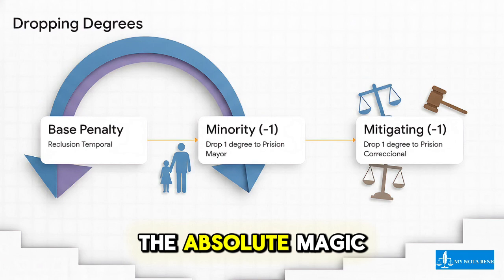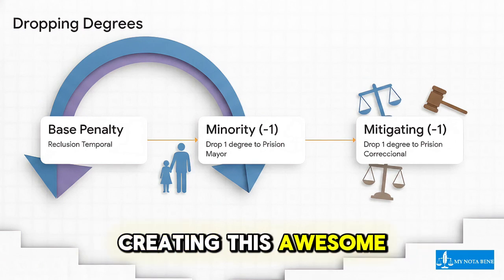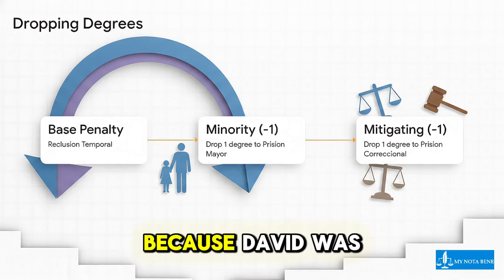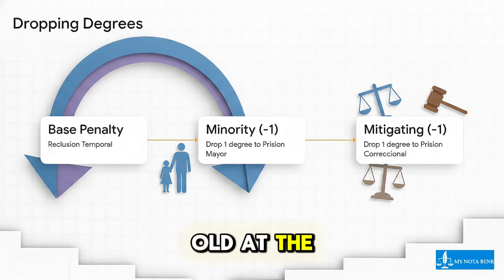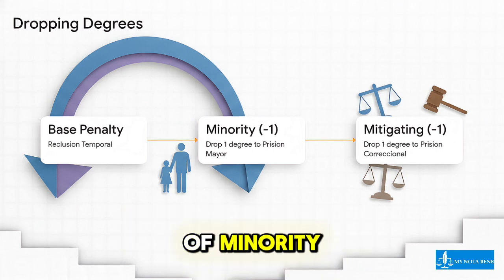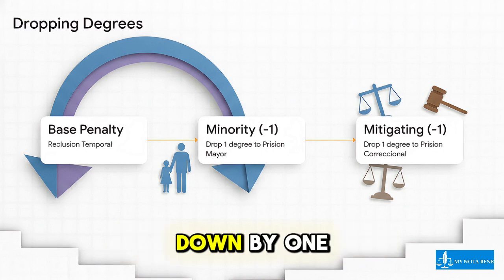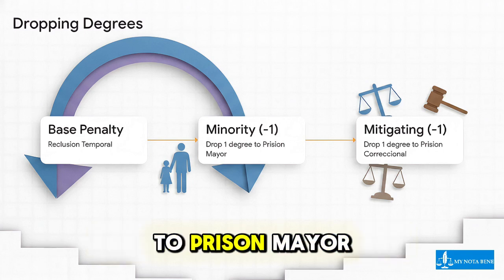But here is the absolute magic of mitigating circumstances in action, creating this awesome step-down effect. Because David was only 17 years old at the time of the crime, he gets the privileged mitigating circumstance of minority. Under the rules, a privileged mitigating circumstance drops the penalty down by 1 full degree, taking it from reclusion temporal down to prisión mayor.